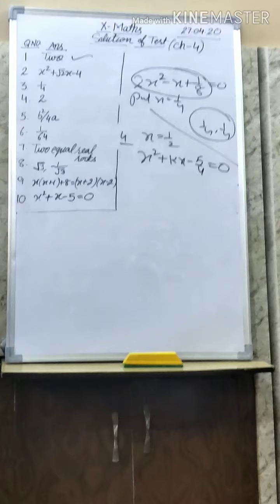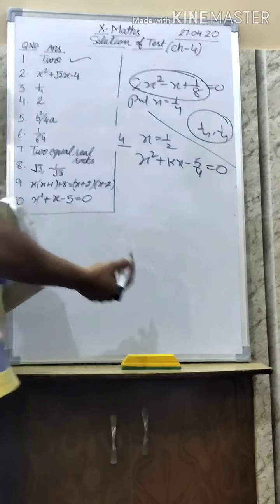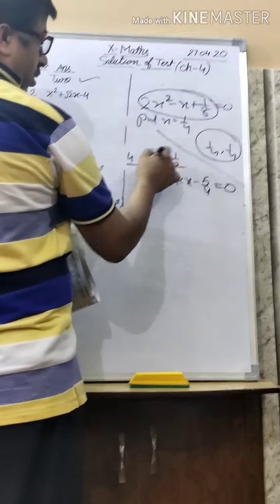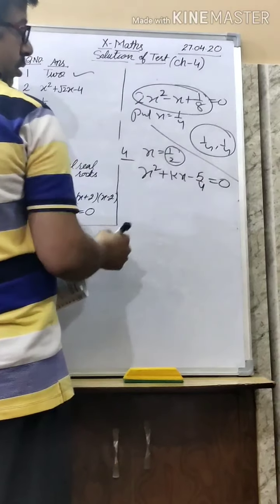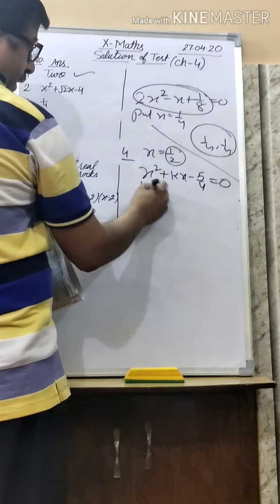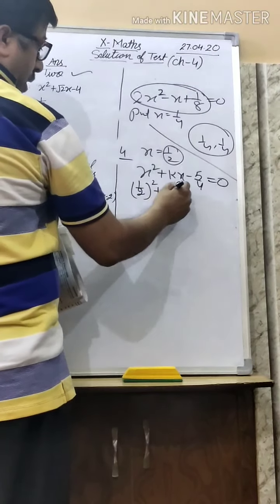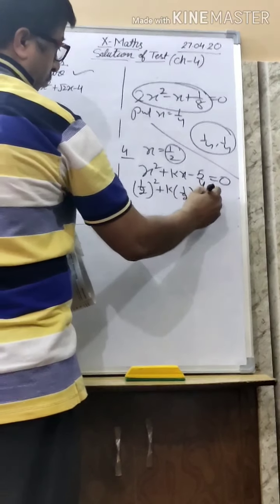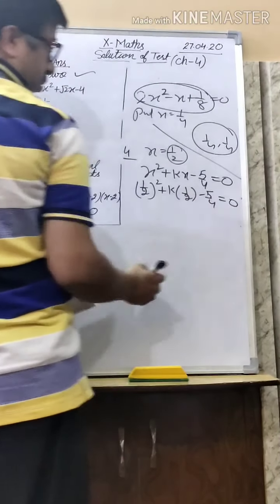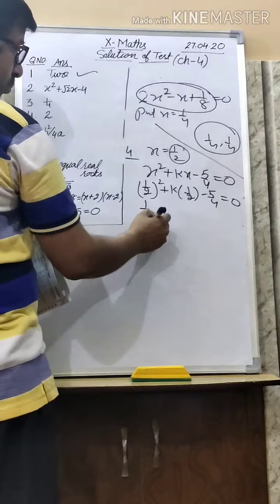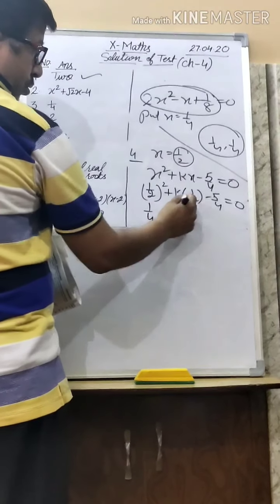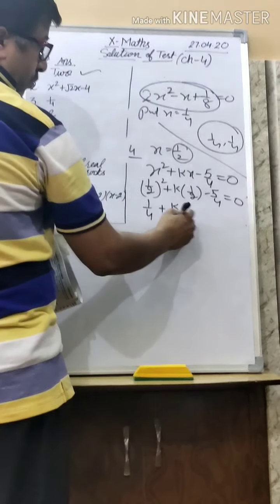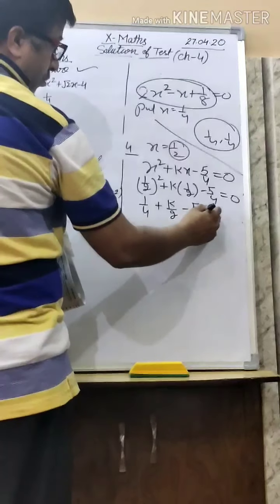Root of this equation and solution of this equation, both are the same. Then you have to put x = 1 by 2. So (1 by 2) square plus k into 1 by 2 minus 5 by 4. (1 by 2) square is 1 by 4. So k into 1 by 2, k by 2, minus 5 by 4.